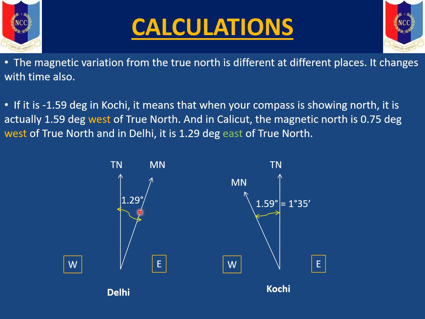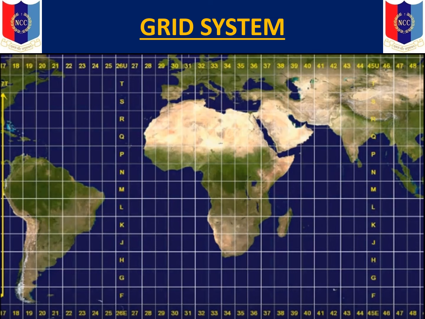West of magnetic north. On the contrary, for Kochi it is plus 1.59. It means that the angle measurement has to be taken in the clockwise direction. It also means that the true north here in the case of Kochi lies towards east of the magnetic north.